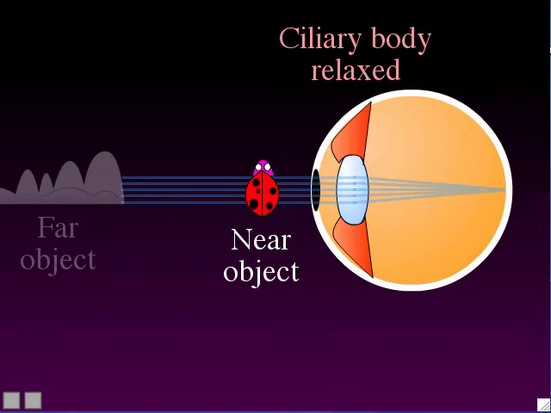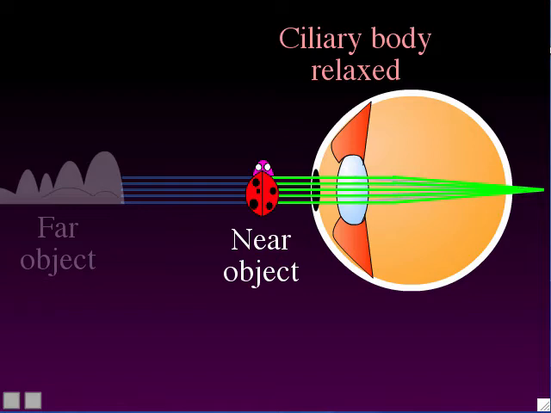So the light rays from this near object are going to be deeper than the far object focal point that I just showed you, and therefore they're going to be behind the retina. The focal point will not be on the retina, so this near object would look out of focus and blurry to this person, right?